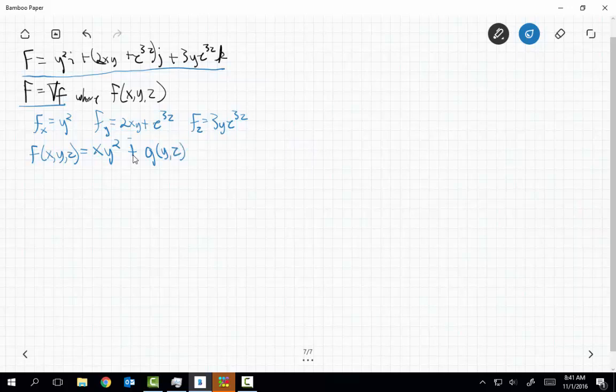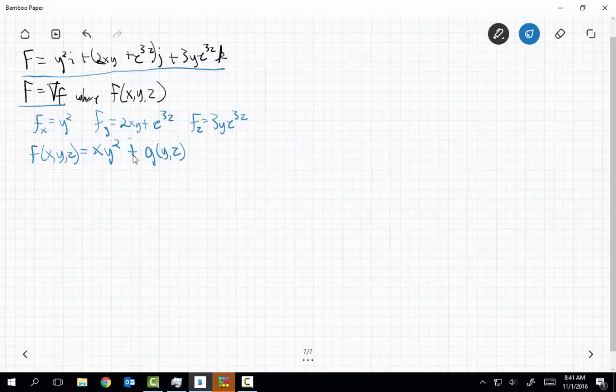Now, you may be like, whoa, Ripley, what just happened there? Well, think about it this way. If I take a partial of f with respect to x, and there's any term over here that doesn't have an x in it, it disappears. So this, free of charge, gives me y squared when I take the partial with respect to x. But now I have to address this issue, this g of y, z.